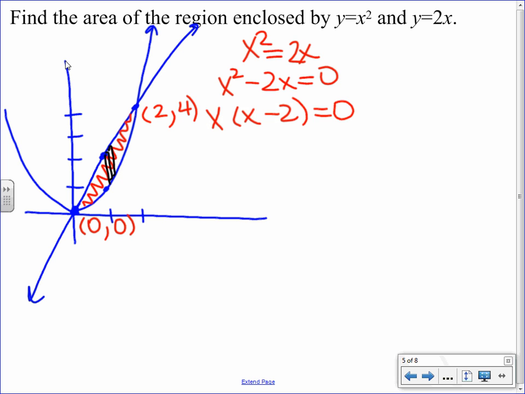Alright, so we are integrating from 0 to 2, because that's where our curves intersect. Alright, our upper function is 2x. It's above. Our lower function below is x squared.